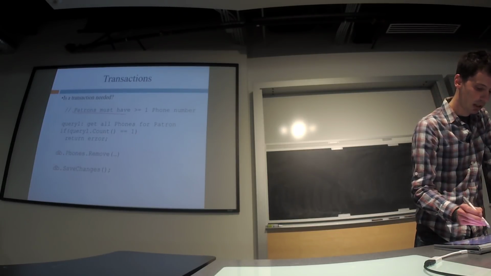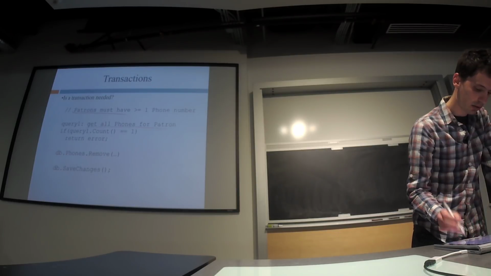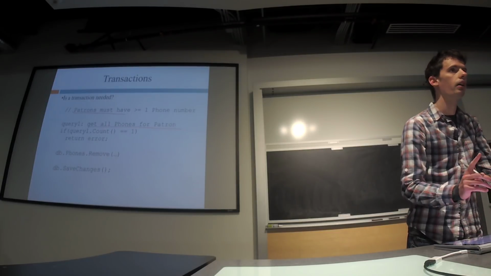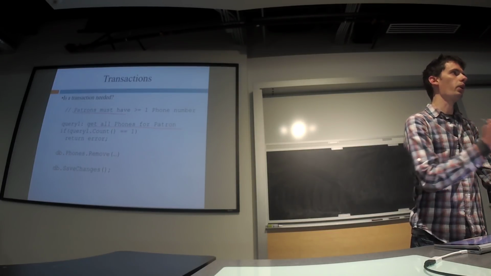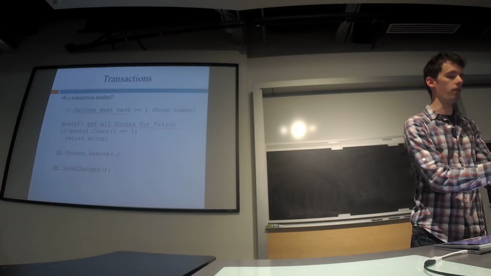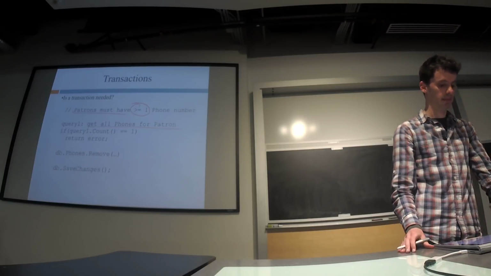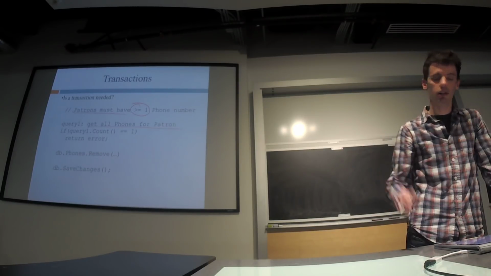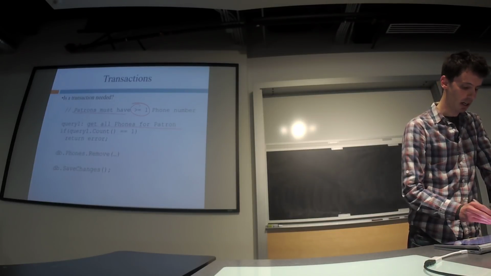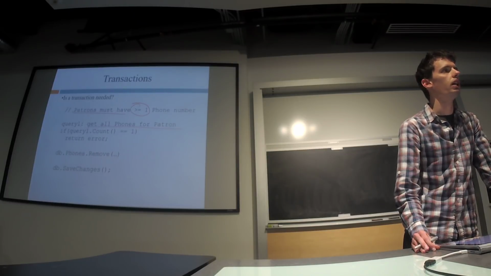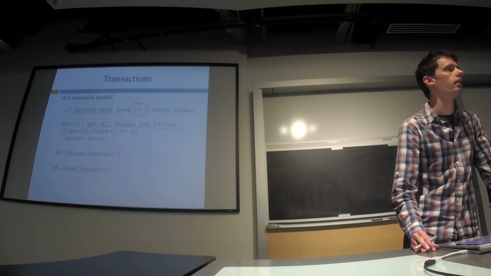So query 1, get all phones for the patron. If the count is equal to 1, meaning if I tried to remove 1, it would go down to 0 and violate that rule. Have to always have at least 1. Okay, so I return some error if that's the case. Otherwise, I remove that phone number and then save changes. Do we need a transaction here?